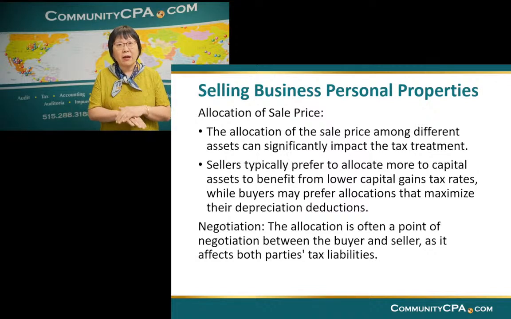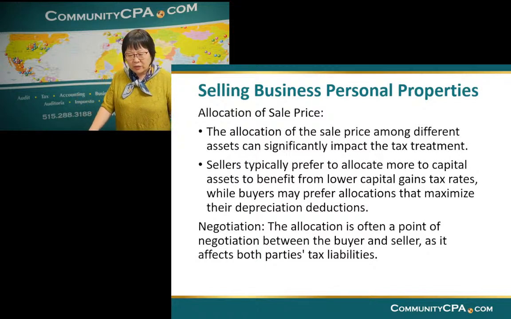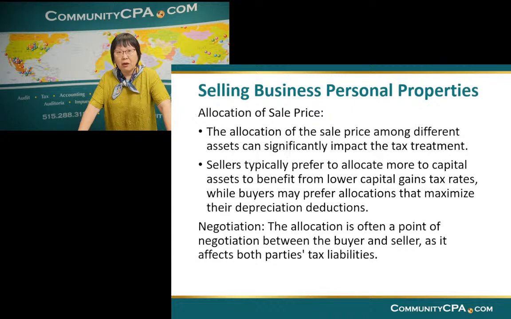The deal might be negotiated by the attorney, but how you treat it and what you allocate to your assets is a science handled by CPAs, people who understand depreciation, the recapture rules, and long-term and short-term capital gains.